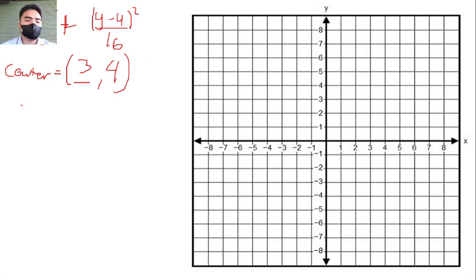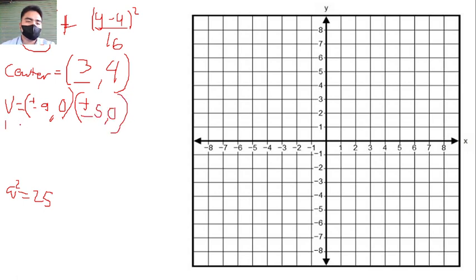Alright, so same goes. If our vertices is positive, negative a, our a squared in here is 25. So a squared is 25. So our a is equal to 5. So it will become positive, negative 5, and 0. So our foci is c.